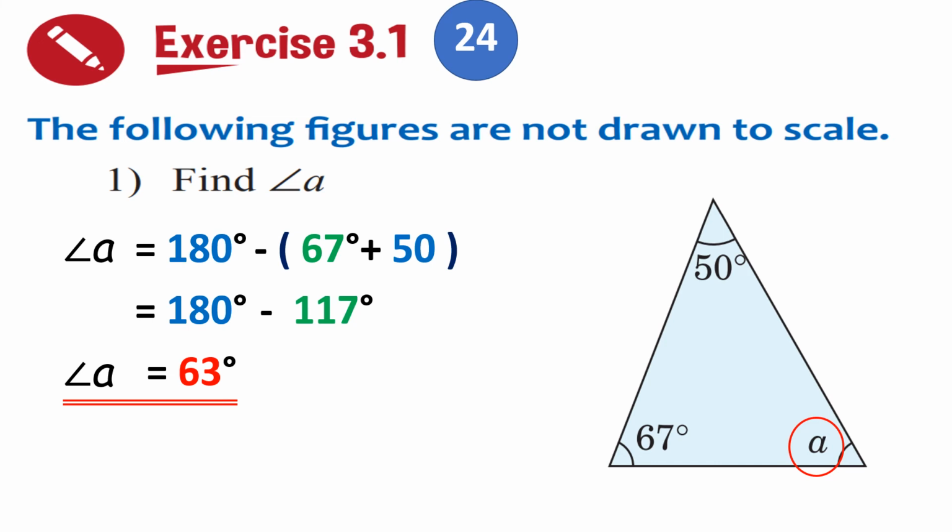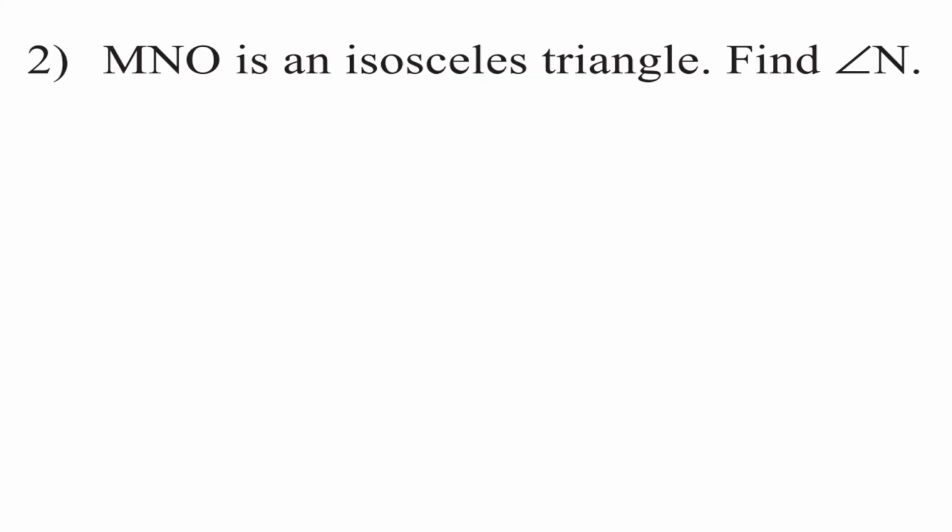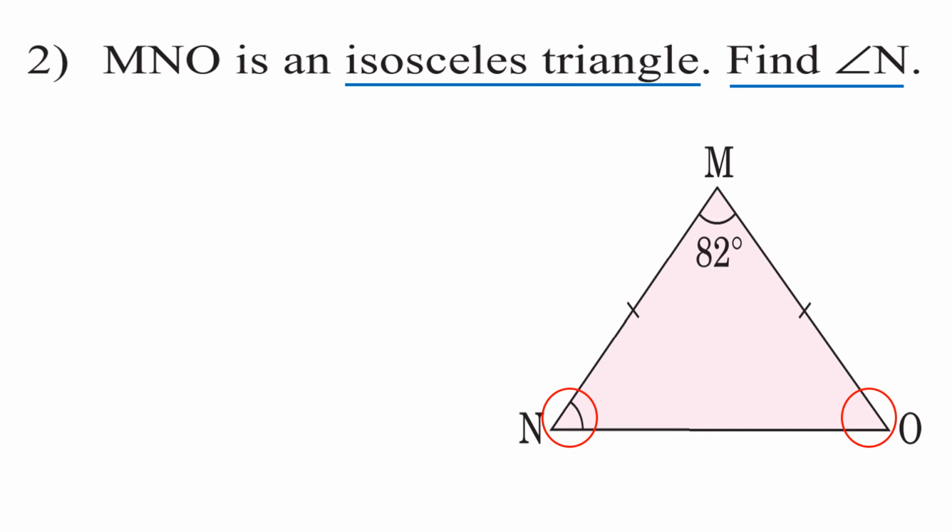Okay, students. Next problem is number 2. MNO is an isosceles triangle. Find angle N. If we say isosceles triangle, two sides are equal, and two angles are the same.